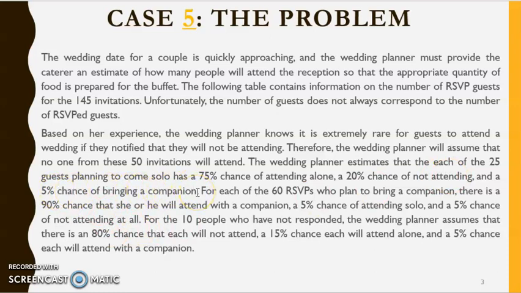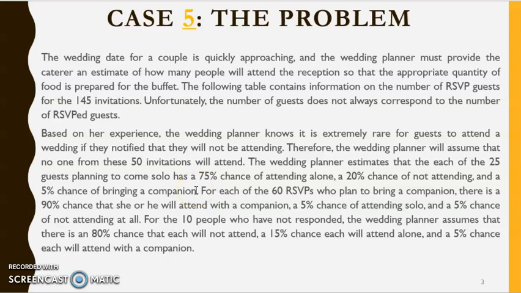So if I want to give you a hint, now we have a discrete probability distribution, with 3 probabilities: not attending, attending solo, attending with a companion. The probability of not attending is 20%, attending solo is 75%, and attending with a companion is 5%. So you need to create those numbers.